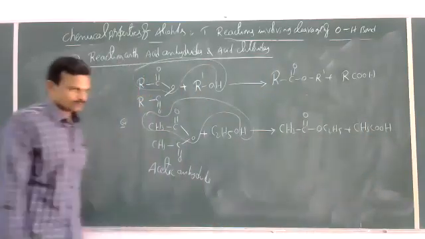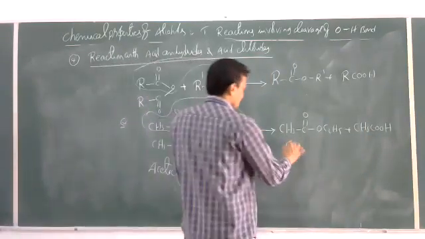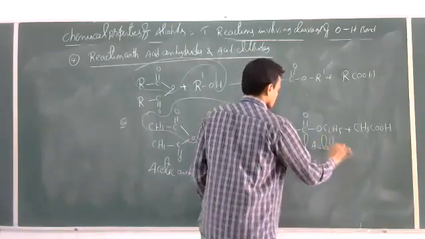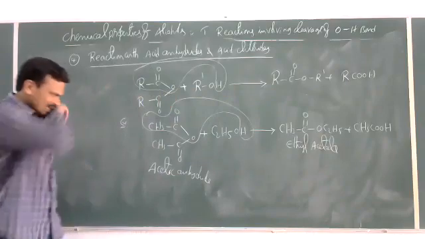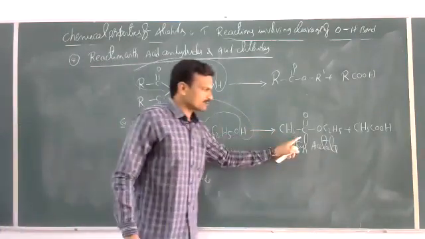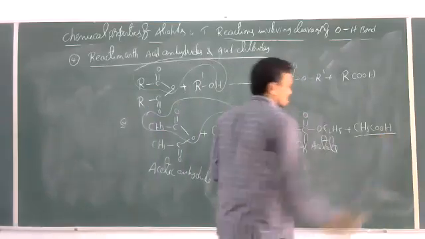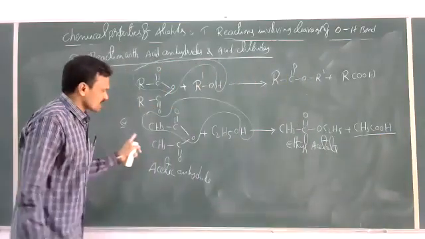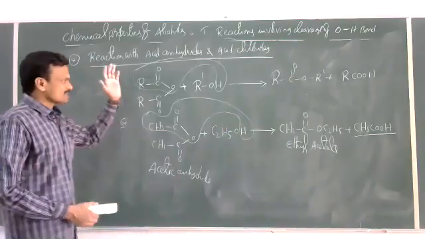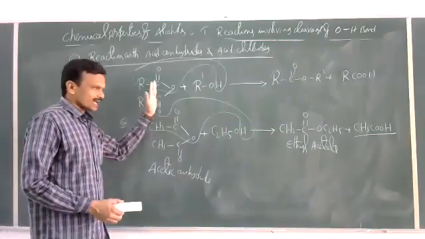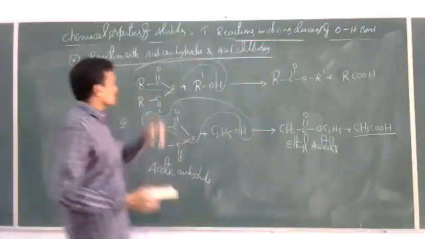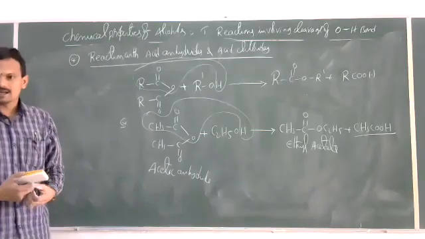This is the reaction. So what is this? Ethyl acetate. So acetic anhydride reacts with alcohol to give ethyl acetate, along with that acetic acid will be formed. So this reaction is also an example of esterification only. So acid anhydrides react with alcohol to form esters. This is the reactivity with acid anhydrides.